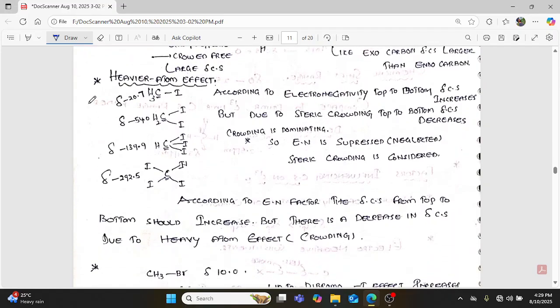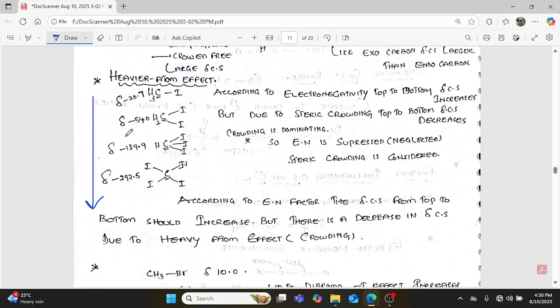Here one more thing is that by increasing the number of heavy atoms at the carbon, chemical shift values will decrease. See here, from top to bottom, chemical shift values are decreasing.